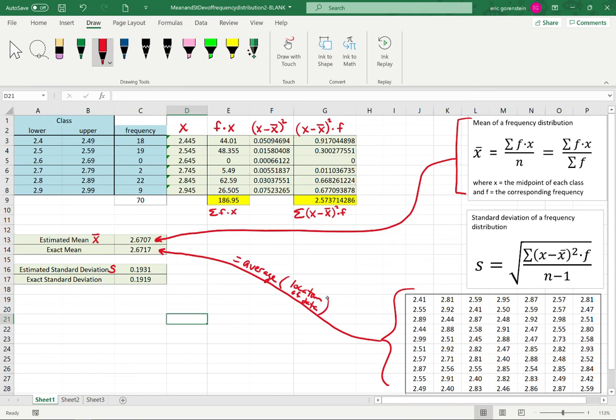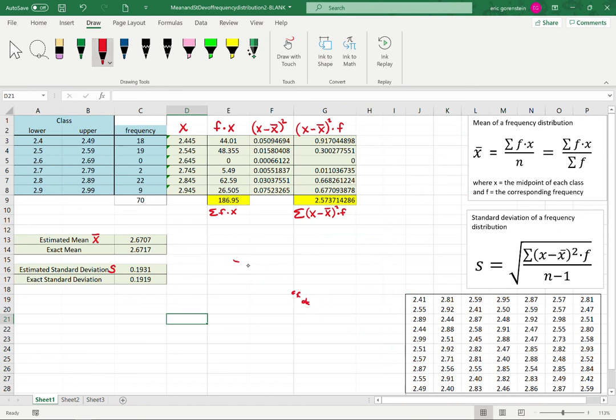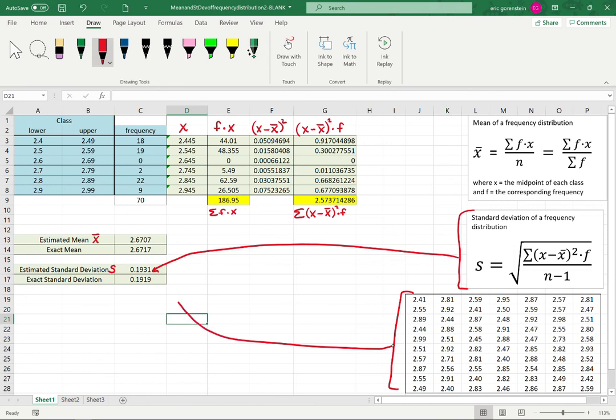And those two values, as you can see, are very, very close. And then we repeated that process with the standard deviation. We first found the standard deviation of the frequency distribution here, and then we found the standard deviation of the data set itself, the exact value, using equal stdev.s, parentheses, location of data. And that does it.